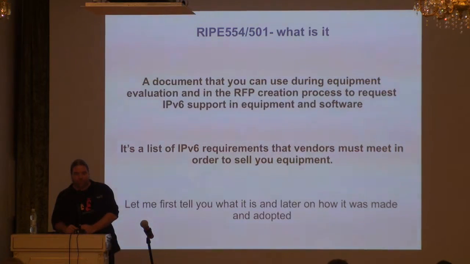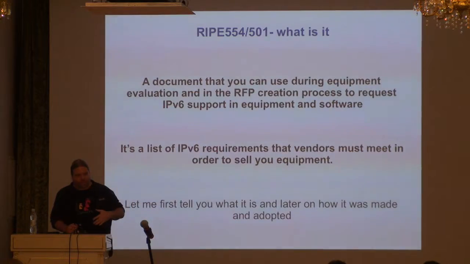So RIPE 554, what is it? That is a document that you can use during the equipment evaluation when you're doing the procurement process. So most of you are actually buying the equipment. So how do you request IPv6 capabilities? Basically, this is what this document is all about.